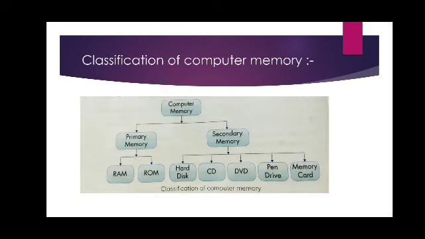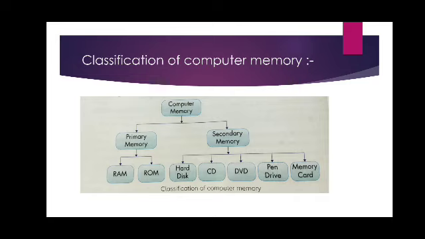Primary and secondary memory can be further classified into various categories. The figure shown is the classification of computer memories. First is computer memory, then it is segregated into two parts, primary memory and secondary memory.